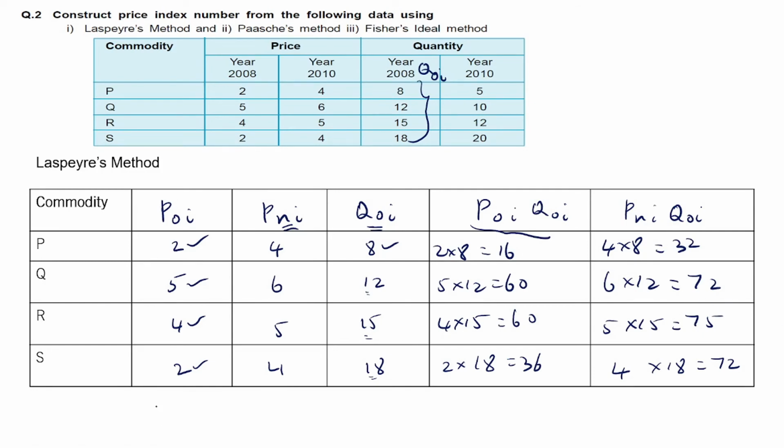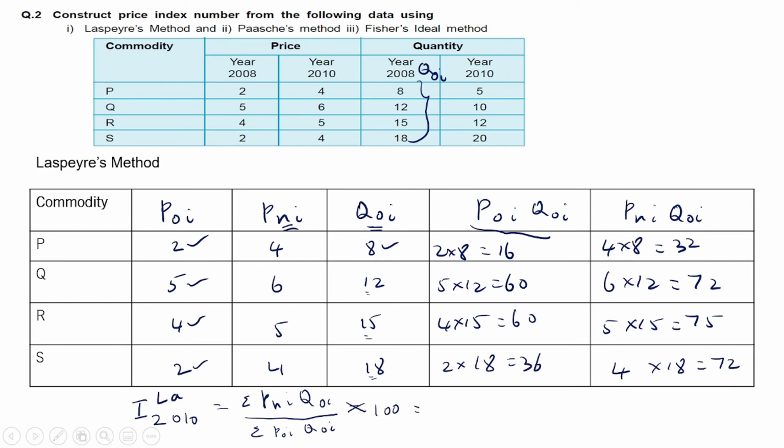So the formula to construct the price index using Laspeyre's method is given by I 2010 LA equal to summation PnI Q naught I upon summation P naught I Q naught I into 100.